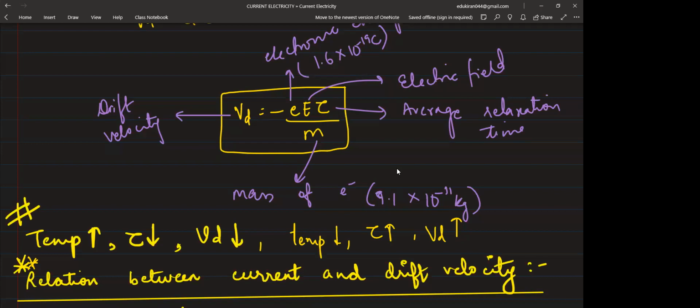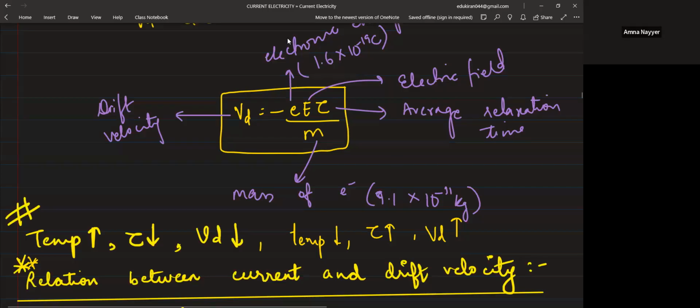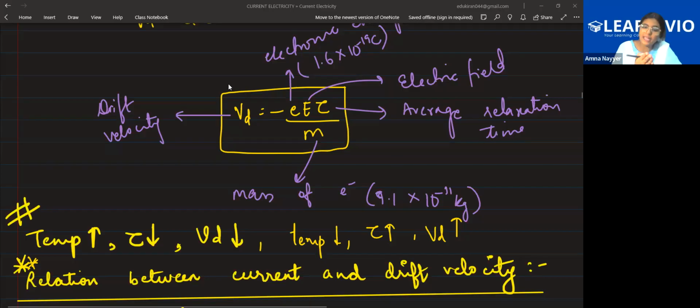That's what we have studied. The entire lengthy derivation is important. It's just that the second part, which we are doing right now, the relation between current and drift velocity, is even more important.